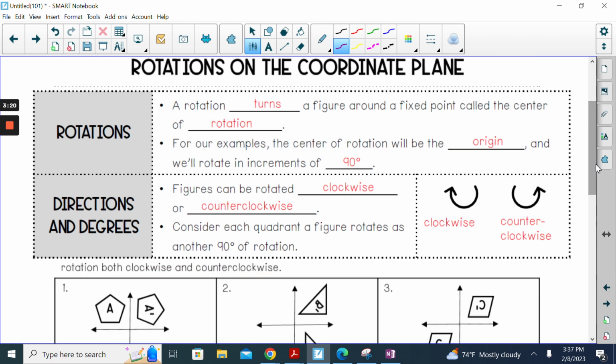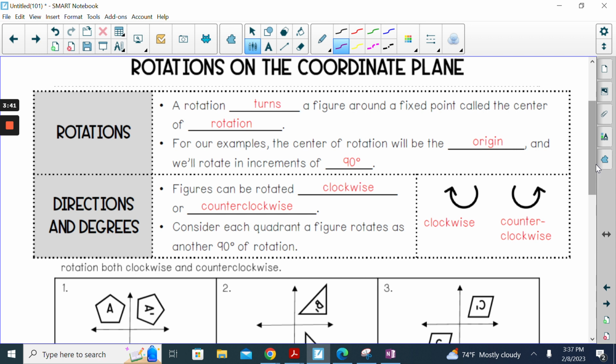A rotation is a turn of a figure around a fixed point called the center of rotation. Specifically today, we are going to be working on the coordinate plane, and that very center point is called our origin. That will be our center of rotation.